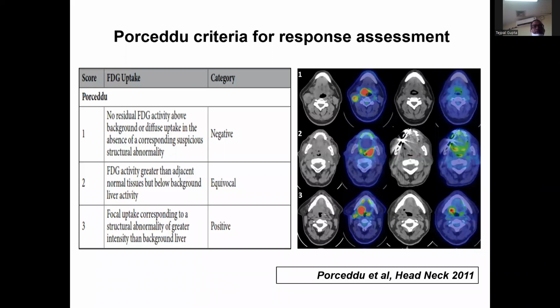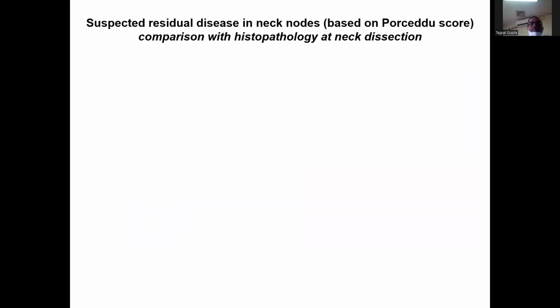Negative when there is no residual activity above the background, positive when focal uptake corresponding to a structural abnormality is greater than the background liver activity, and equivocal when it is greater than adjacent tissues but below the background liver activity. This was the criteria Porceddu gave in 2011.